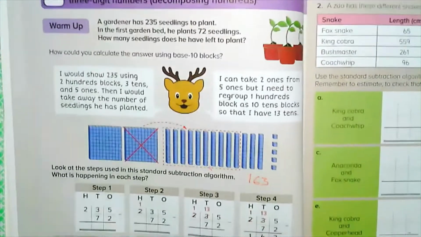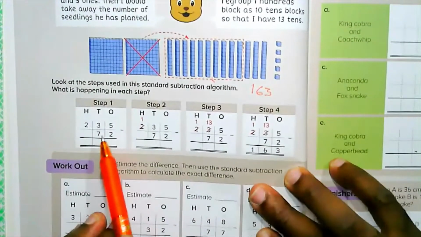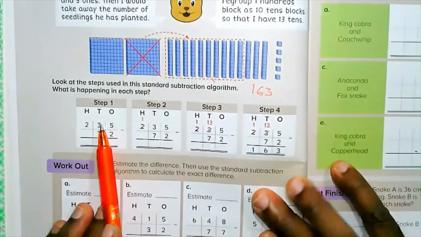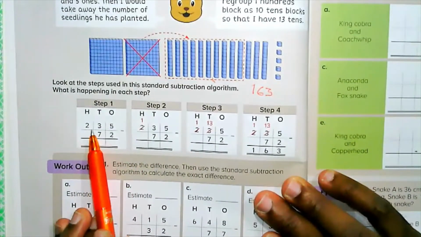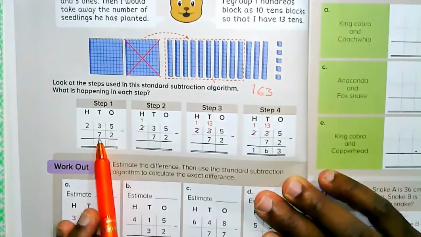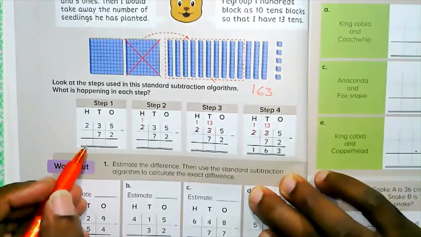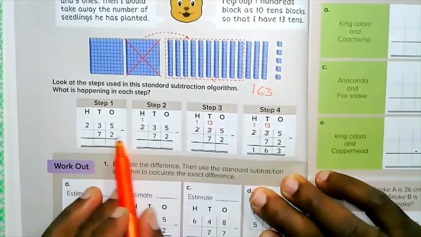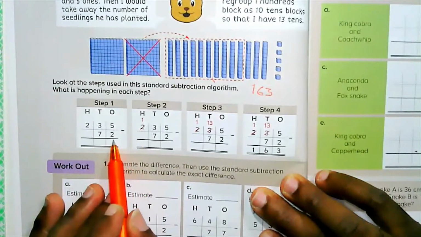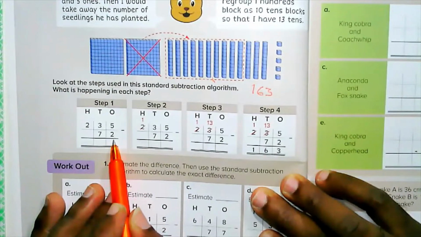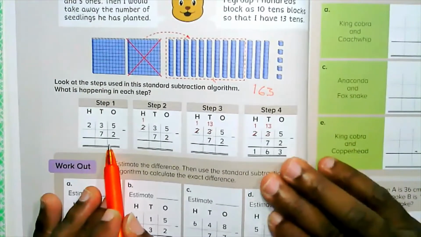And we can also use the standard algorithm. Using these steps, writing 235 minus 72. Then 5 minus 2 will be 3, right?